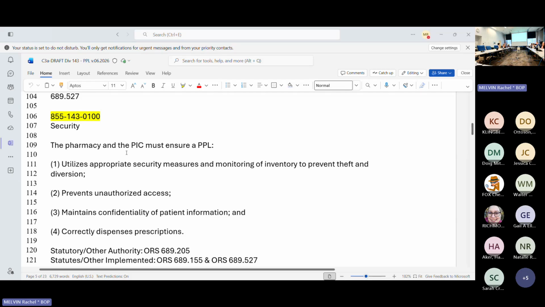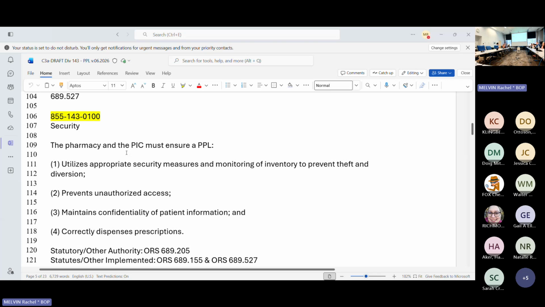What the board has done is make it broad: use appropriate security measures and monitoring of inventory to prevent theft and diversion, because there were several comments that specifically pointed out the potential for theft.